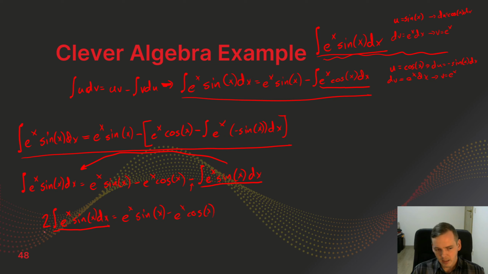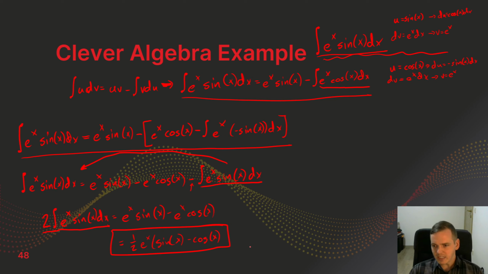So if I have twice what I want, all I have to do is divide everything by 2, and that will give me my answer, just like that. So the clever algebra is if we think that this is going to run us in circles, that's good because it can run us in circles to the point that we can move it and combine it and then just divide through by 2.